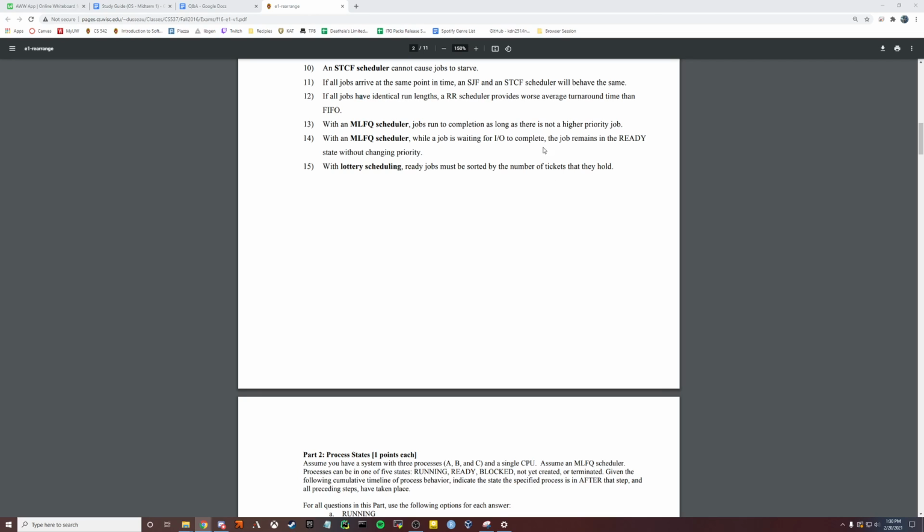If they're at the same level, they round robin. So it's saying there could be two jobs of the same priority. When would they not run to completion? If there was a job with a higher priority, right?